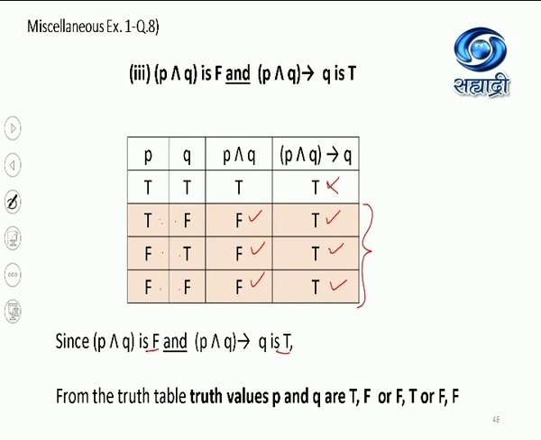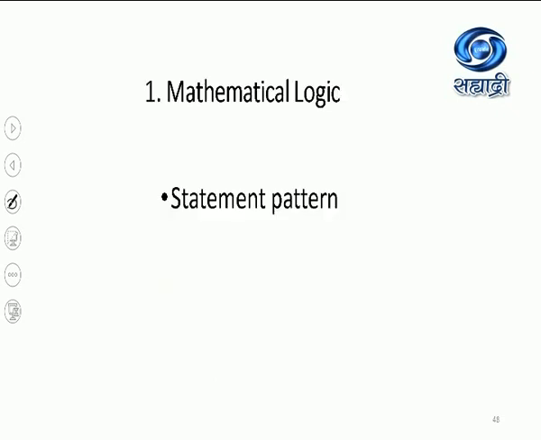I have highlighted the last 3 rows so that it will be easy for you to understand how we arrive at the truth values of the individual statements if the truth value of the compound statement is given to us. With this part, now we move over to the next type, that is statement pattern.